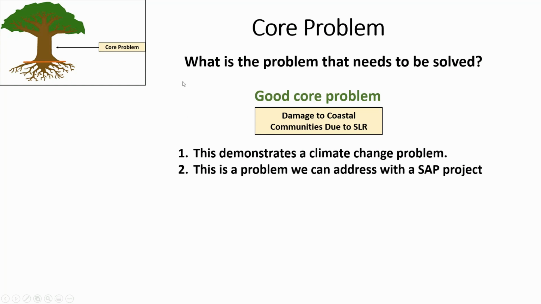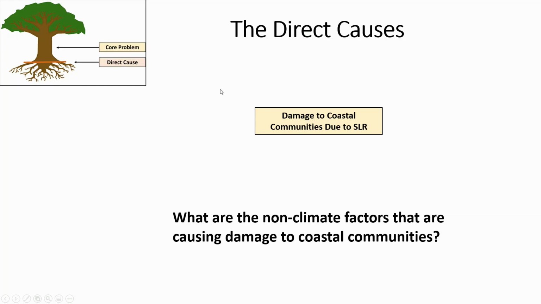It's also a problem that we can address with a SAP project, with a Simplified Approval Process project. We don't need to build a seawall. We don't need to do a lot of engineering, but we can probably find some entry points for a project such that we can reduce damage, reduce loss, reduce the impact on livelihoods and lives because of sea level rise.